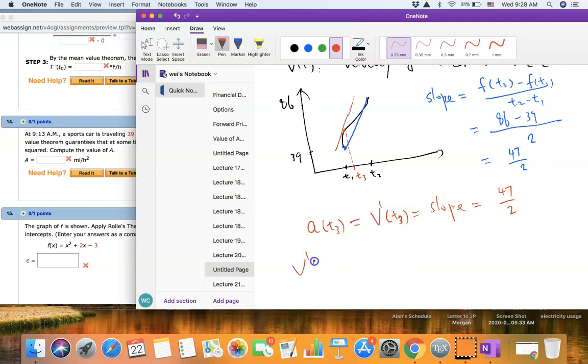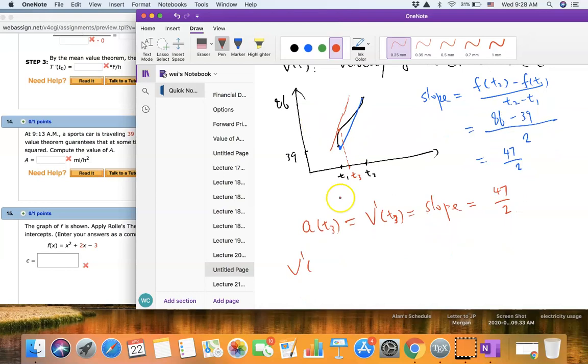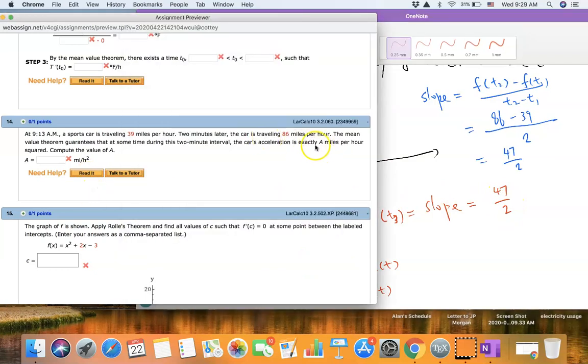Because when we introduced the derivative, we said that when we take the derivative of the velocity function, we find the acceleration function, and when we take the derivative of the position function, we find the velocity function. So therefore, the acceleration at this time is equal to 47 over 2. Okay, so that will be our A.